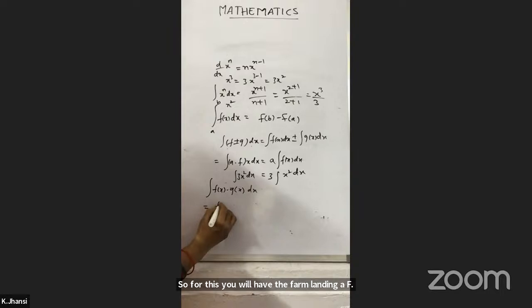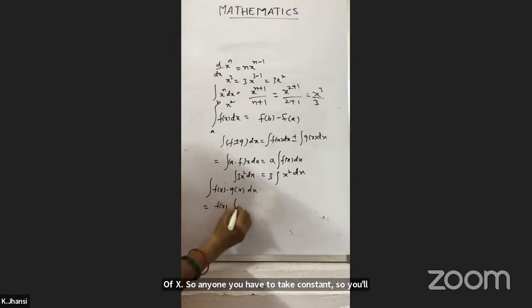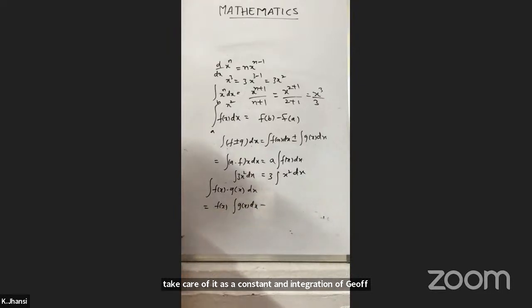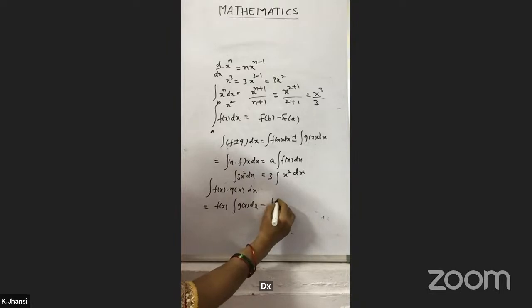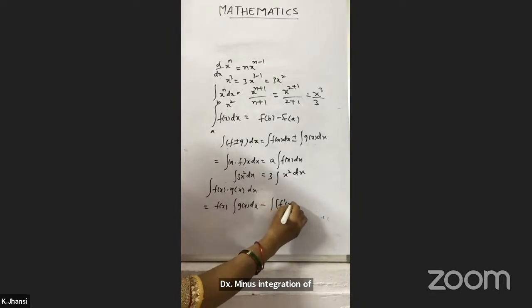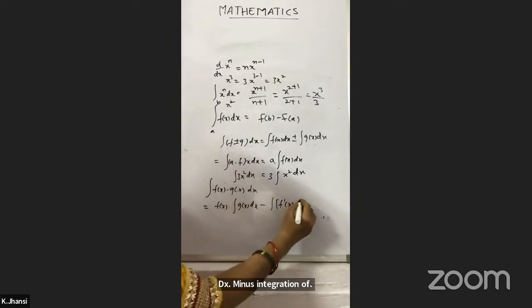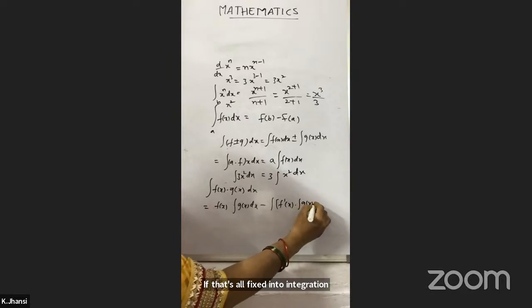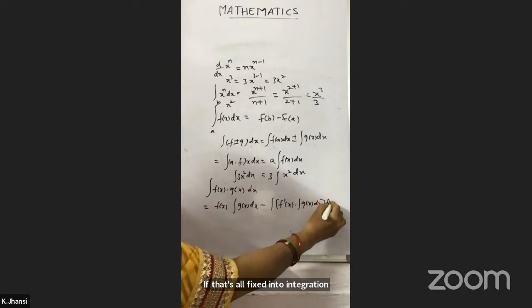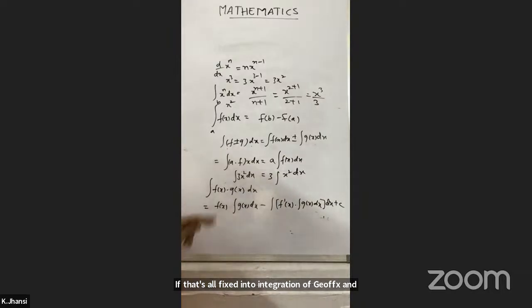So you'll take here f of x as constant, and integration of g of x dx, minus integration of f dash of x into integration of g of x dx, whole dx, plus c. In the UV rule we have seen in differentiation, no, same like this it will be there. It is called as integration by parts.